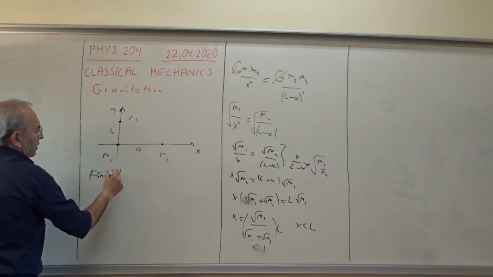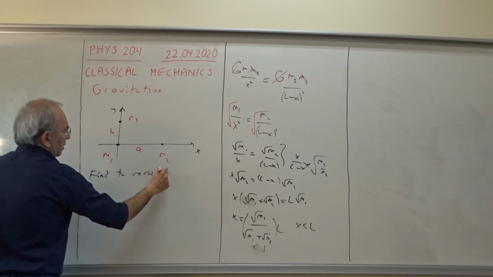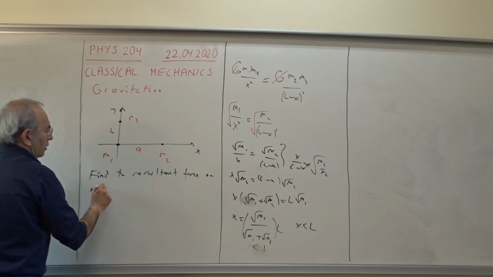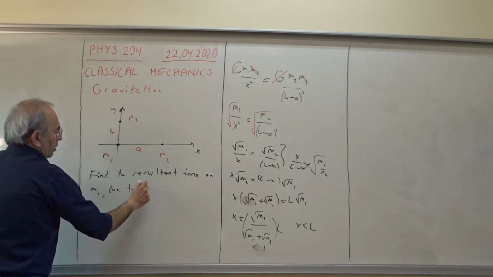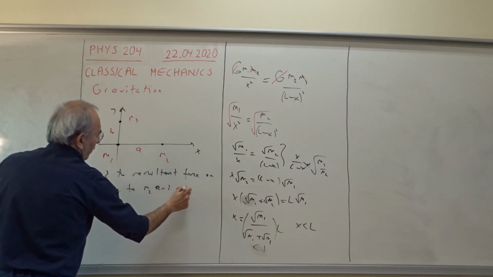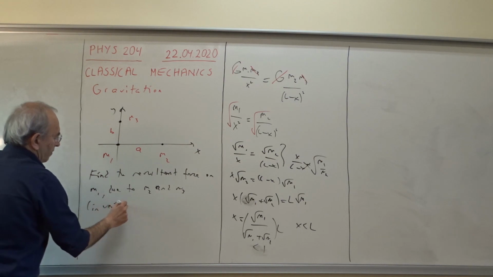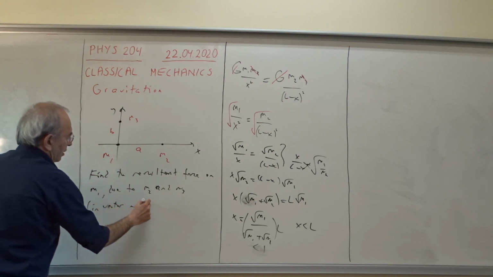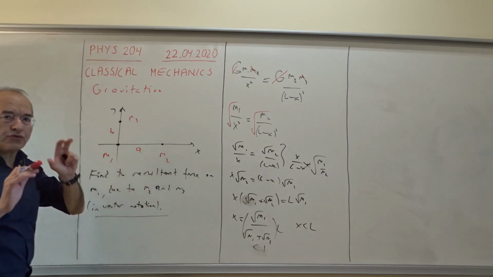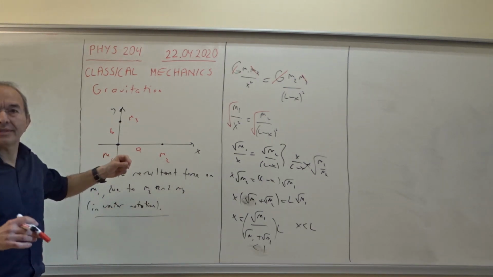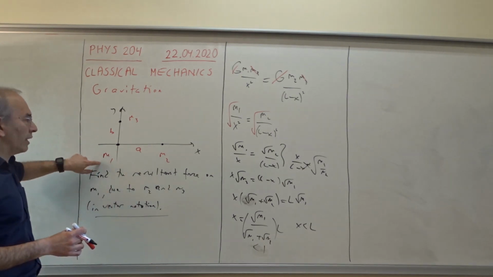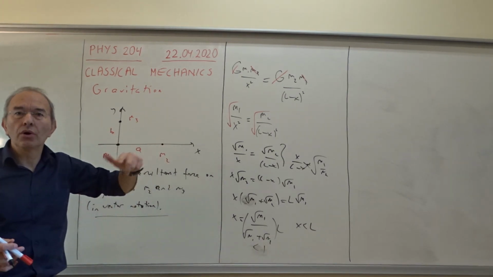If you want to find the resultant force on m1 due to the other masses m2 and m3, of course in vector notation. It is quite easy to write such forces because now let's focus on m1. Of course m1 does the same on the other objects, but we are not interested in what m1 does. We are interested in what the others do on m1.